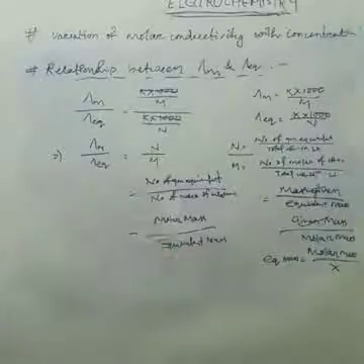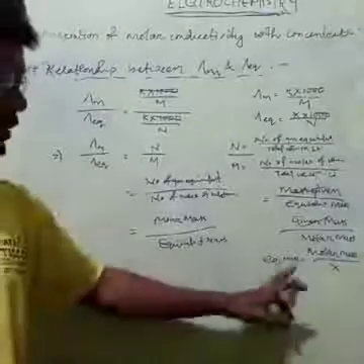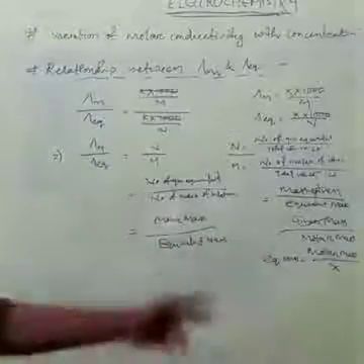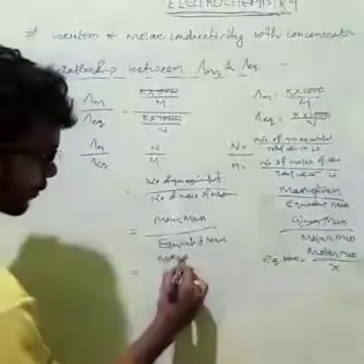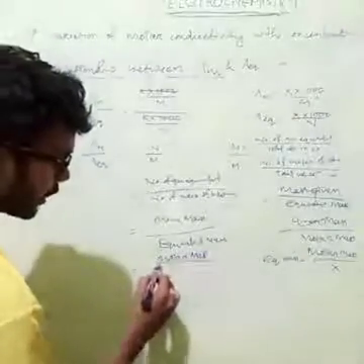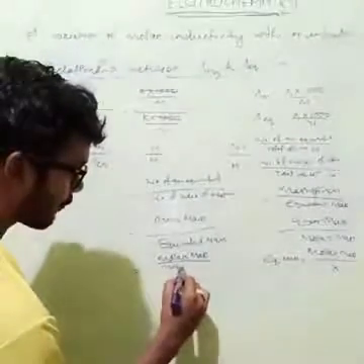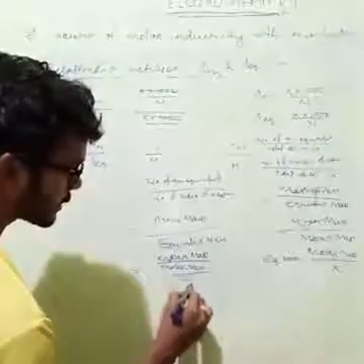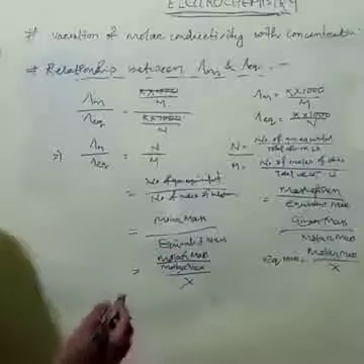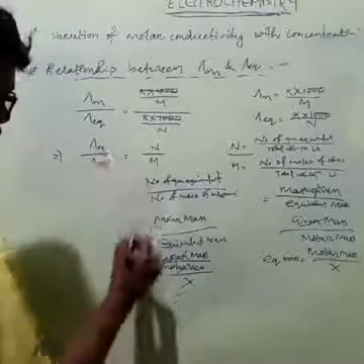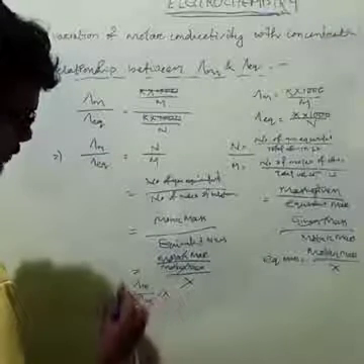I will explain what x is. So if you put equivalent mass in this relation, it becomes molar mass divided by molar mass by x. This will cancel, x will go up. So finally the relation equals x.